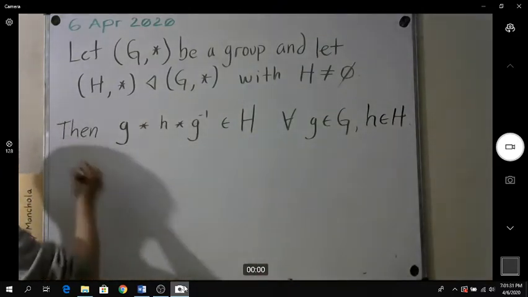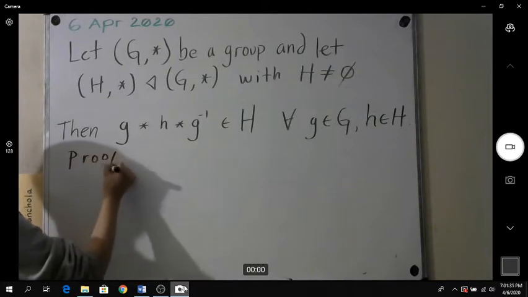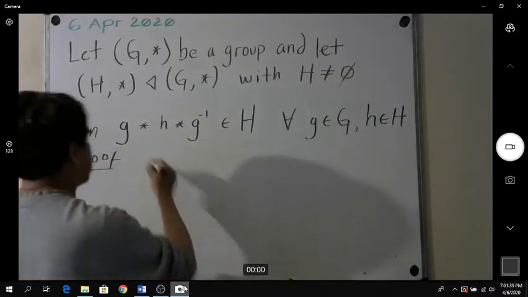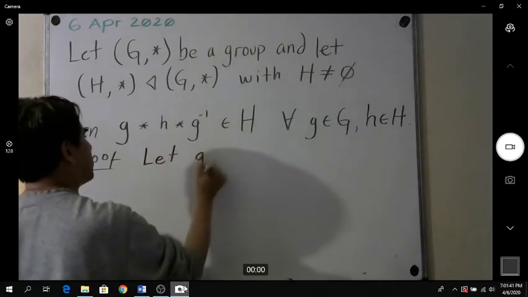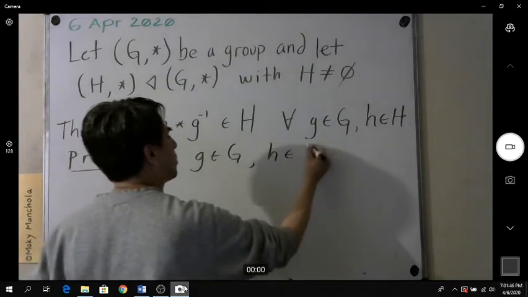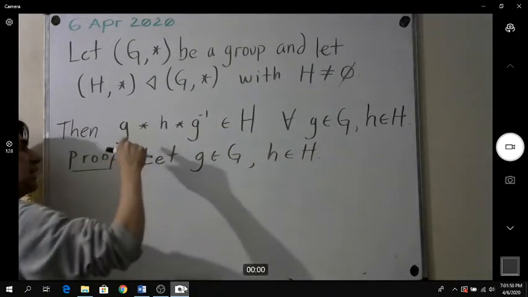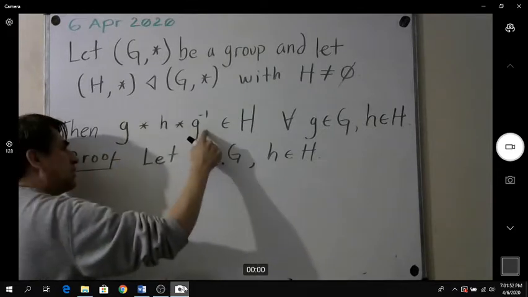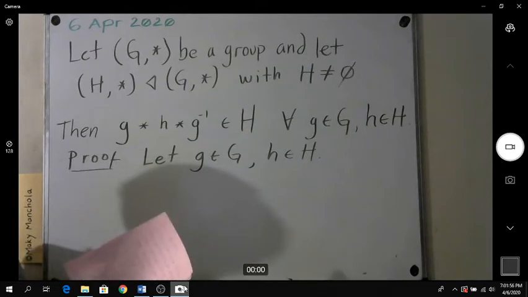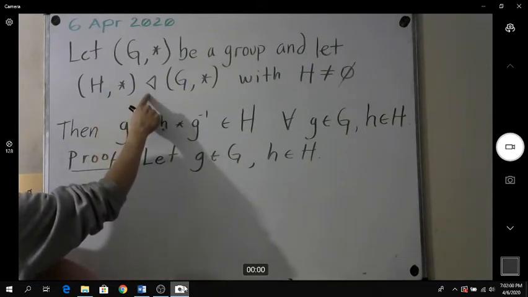Okay, so here's a proof of this. Let's start with G in group G, H in subgroup H. We want to show that this expression belongs in H. Now, let's pinpoint to the fact that H is a normal subgroup.